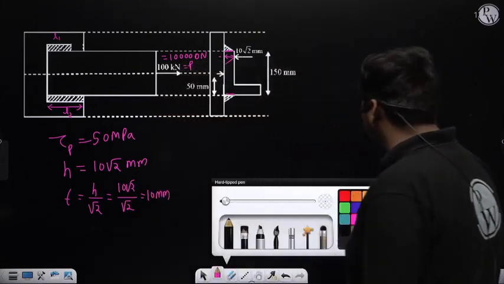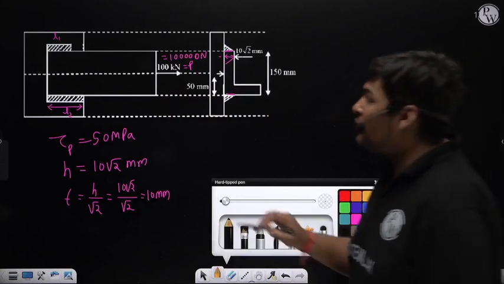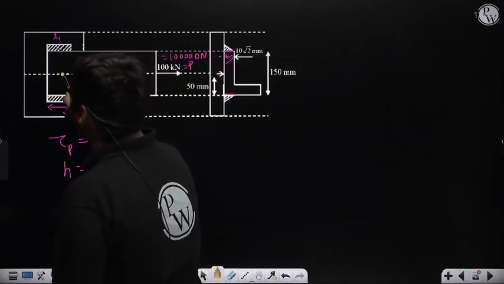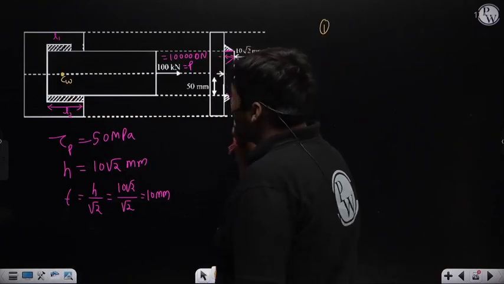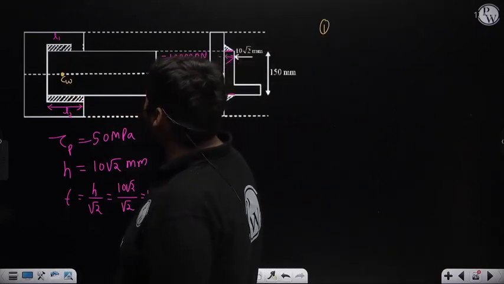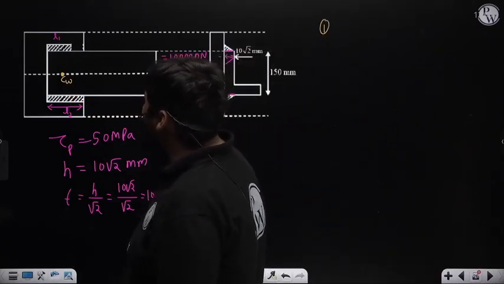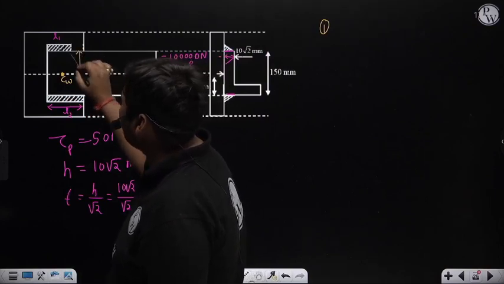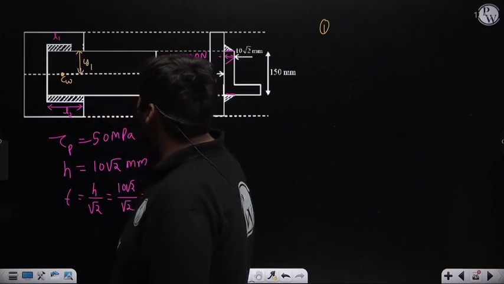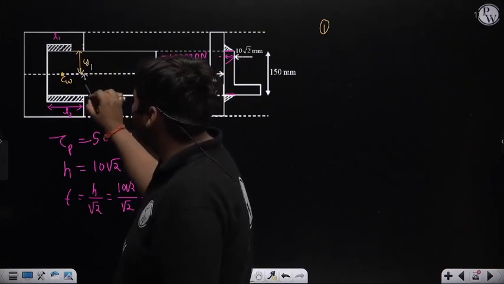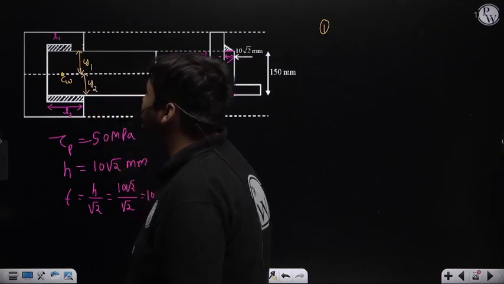Now first we will ensure that the line of action of force P passes through the combined centroid of the weld. For that, we denote the distance of load P from the top weld, whose length is L1, as Y1, and the distance of load P from the bottom weld, whose length is L2, as Y2.